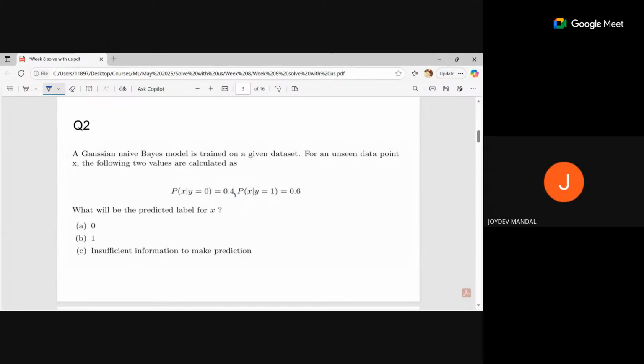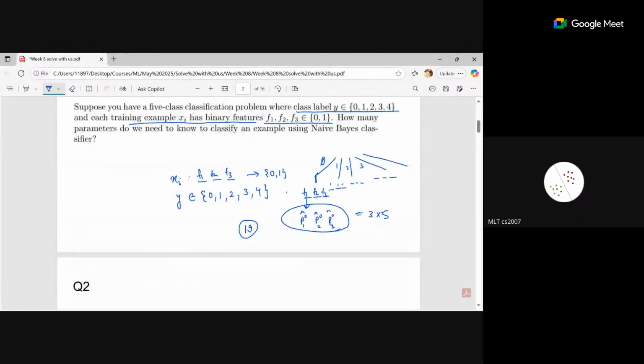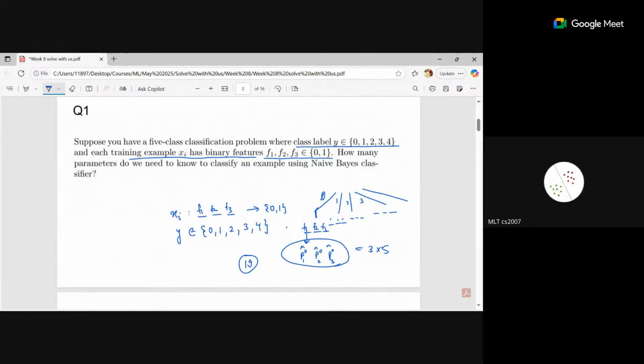Ma'am, from where did you get four? Oh, from where did I get four? See, here you have the class label.